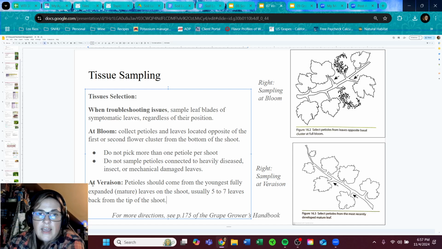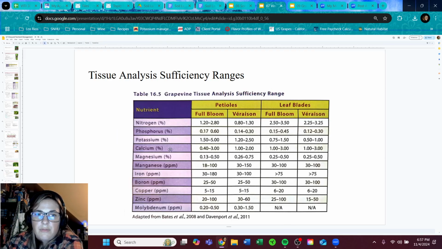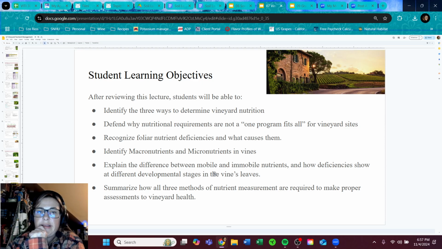And then at veraison, petioles should come from the youngest fully expanded mature leaves on the shoot, usually 5 to 7 leaves back from the tip of the shoot. So that would be good to know, to make sure you're sampling the right part of the vine. Don't worry about this. This is just for your information.